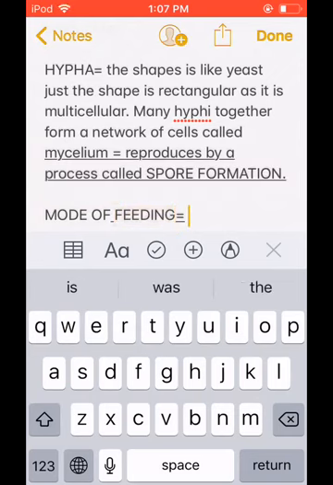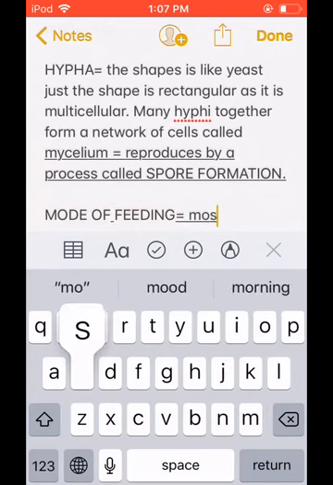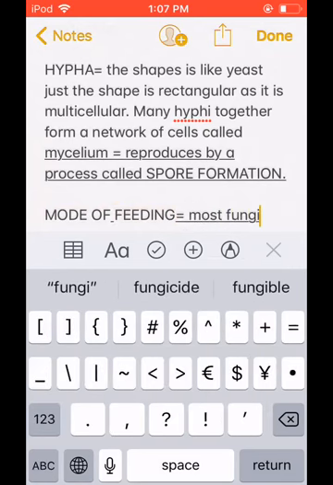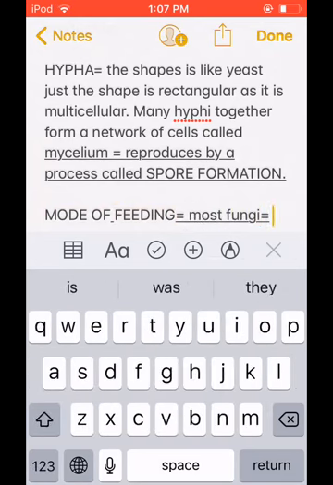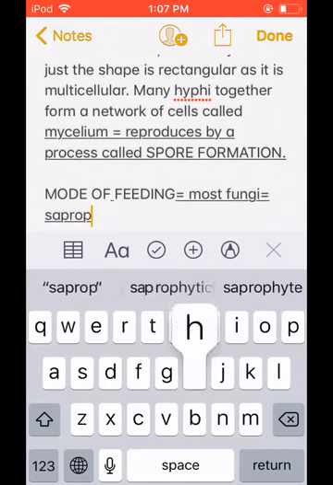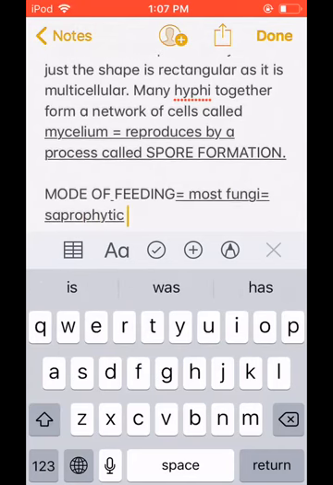So the mode of feeding: most fungi are saprophytic. If you remember from last class, what does saprophytic mean? It means they eat dead decaying organic matter.